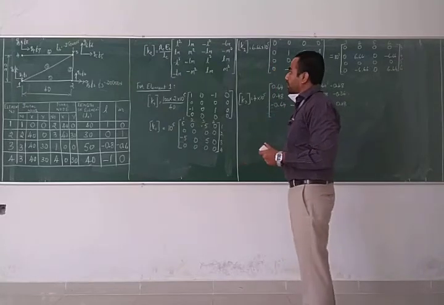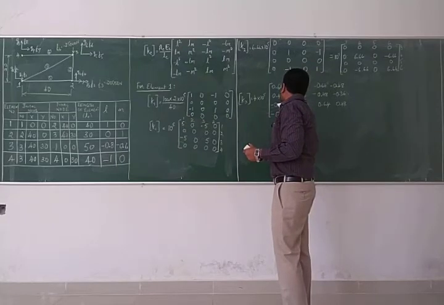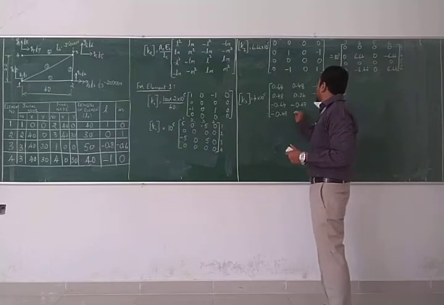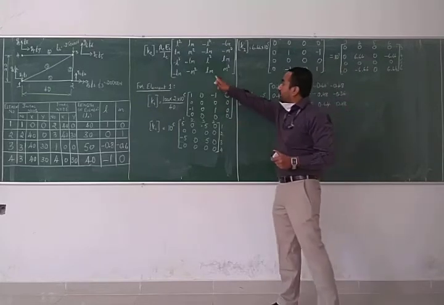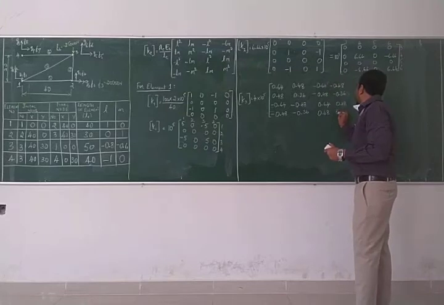Minus lm is minus 0.48, minus m square is minus 0.36, lm is again 0.48 and m square is 0.36.